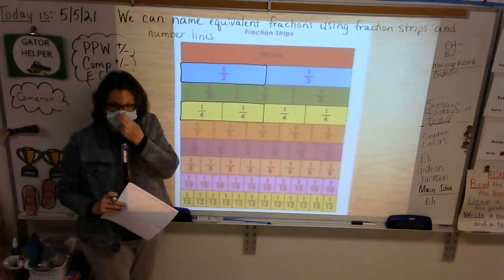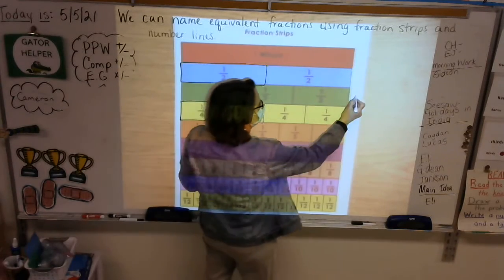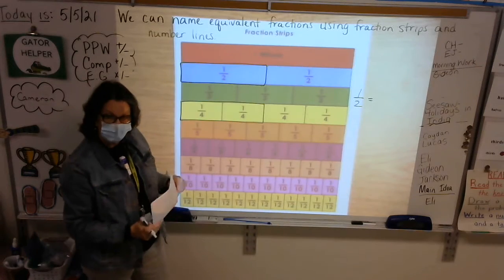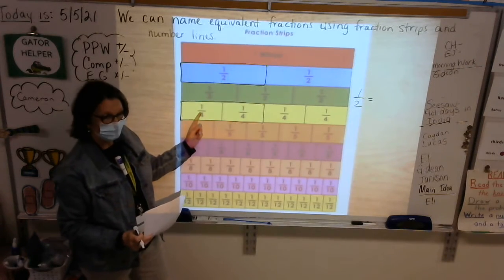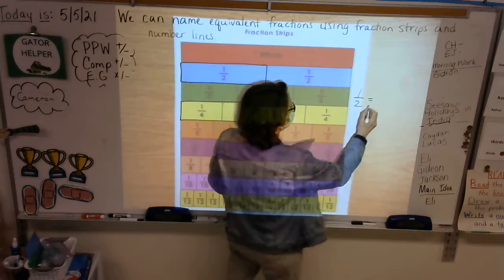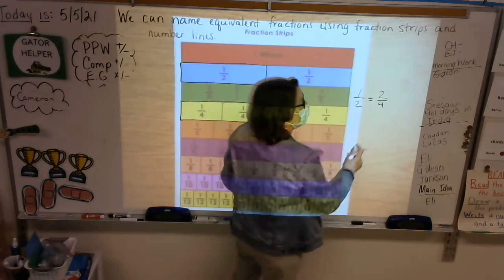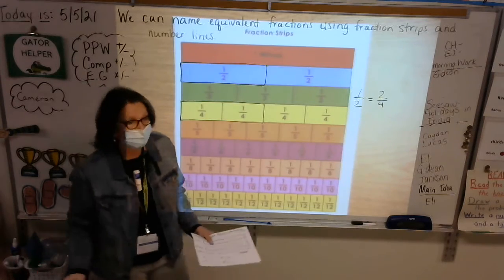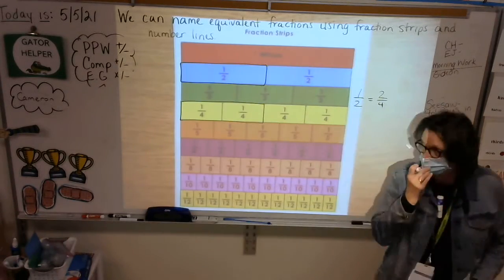So those are equivalent fractions. So we would say 1/2 is equal or equivalent to, well, how many fourths is that? It's 1/4, 2/4. It's equal to 2/4. That, in a nutshell, boys and girls, is finding equivalent fractions using fraction strips. That's what we're going to be doing today, but you're going to draw your own fraction strips.